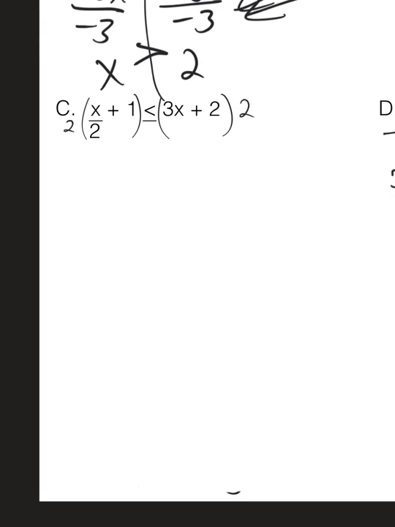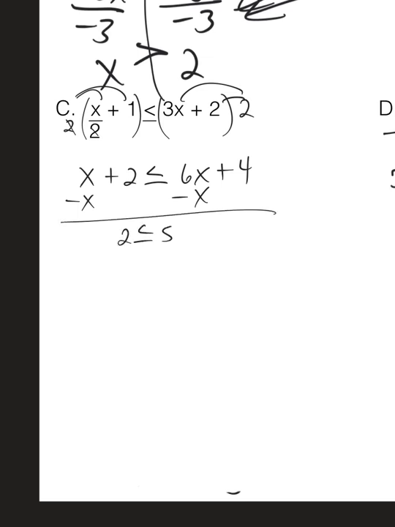If I distribute the 2 to both of these terms, it would cancel out the 2 on the first term, and then 2 times 1 is 2. If I distribute the 2 on the other side, now this is something beautiful. So I can subtract x if I choose to do it this way.